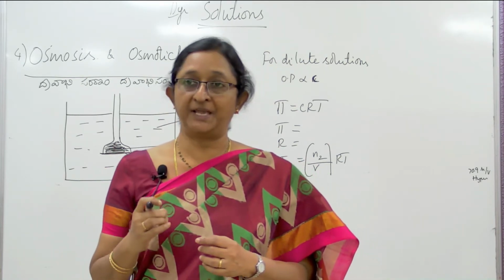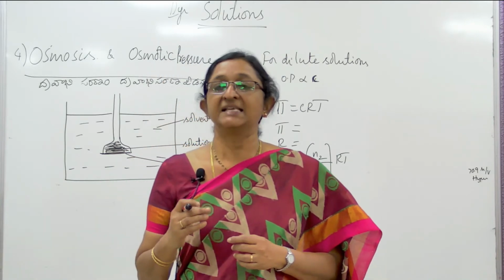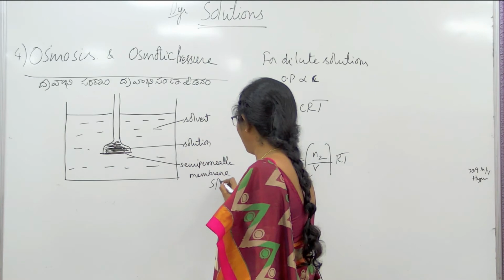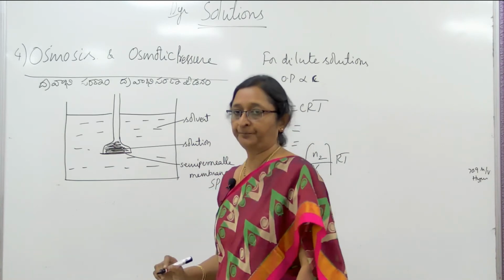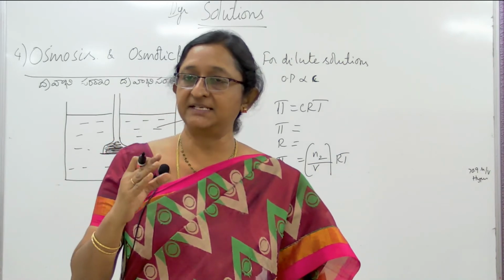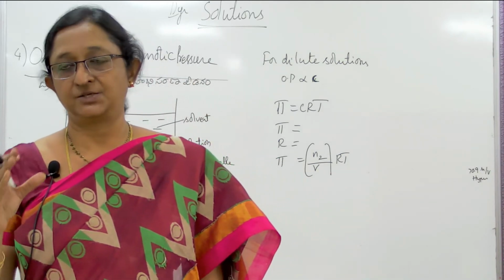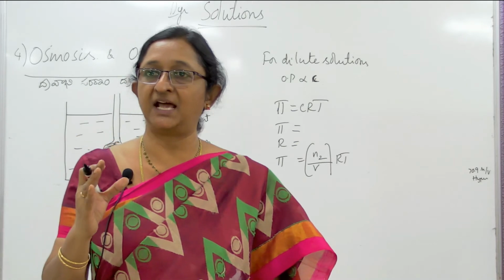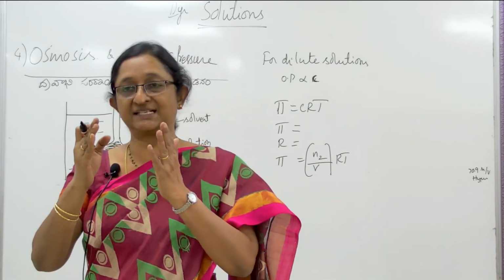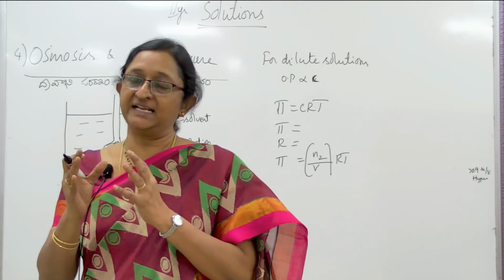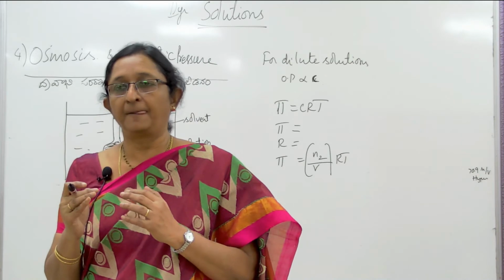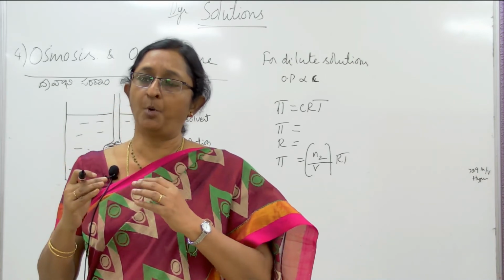These membranes allow only very tiny molecules like water, but not the bigger molecules of the solute. These kinds of membranes, which allow only very small or minute particles through them, are called semi-permeable membranes. In short form, they are called SPM.